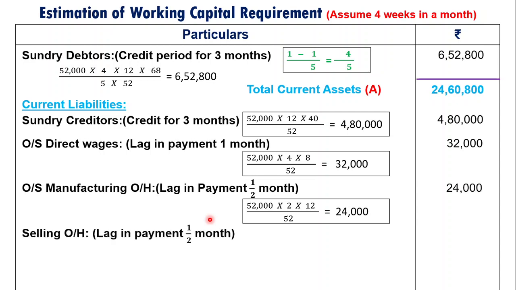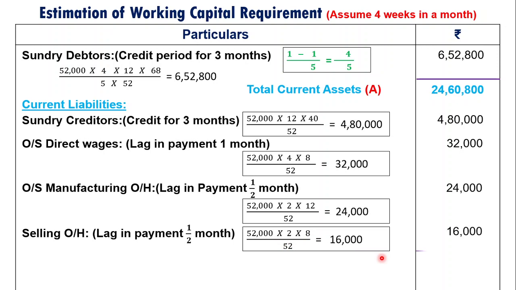And the last is outstanding selling overhead, where the lag in payment of overhead is half month. The same 2 weeks is to be taken for this calculation. 52,000 is the level of units, 2 divided by 52 into 8 rupees per unit as per our working note. The simplification of this is 16,000, to be recorded in the outer column.